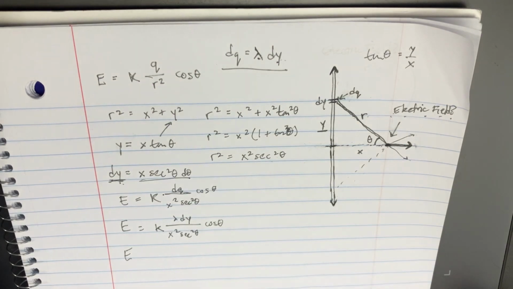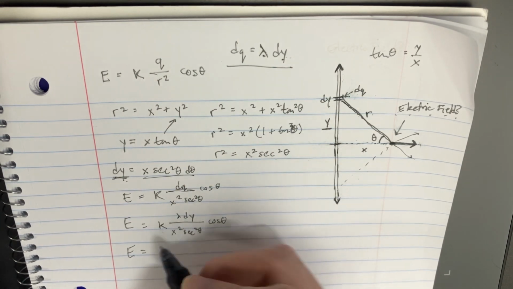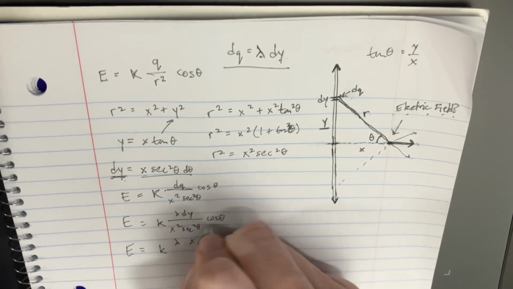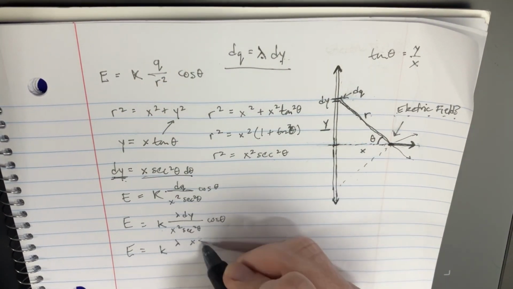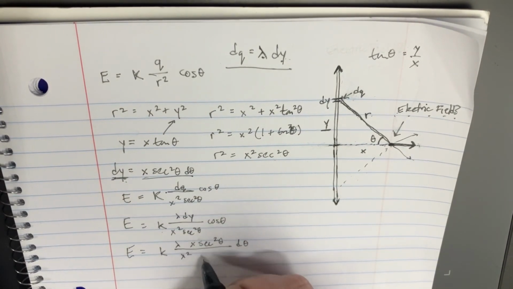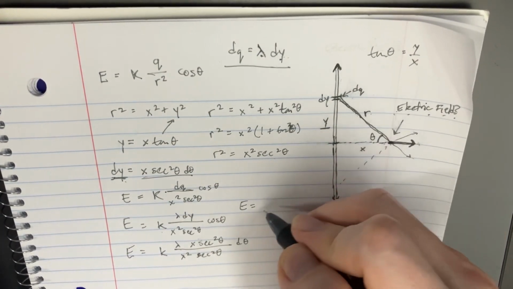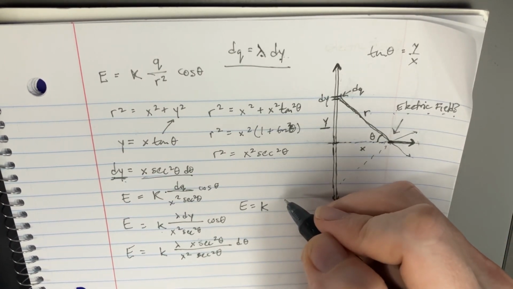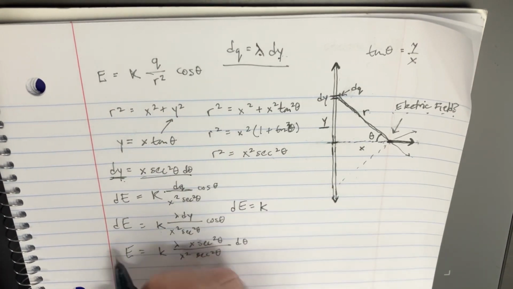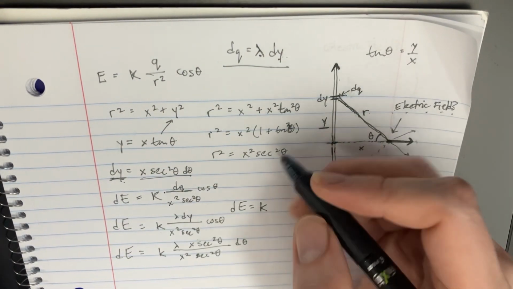So E equals k lambda x secant squared theta d theta, divided by x squared secant squared theta. And these will cancel out. Once we started taking differentials on this side, we also had to take the differential on that side. I usually forget about that. Not too big of a deal.